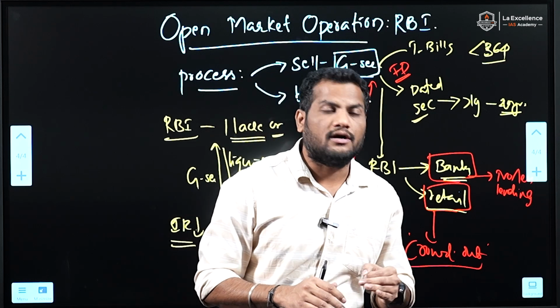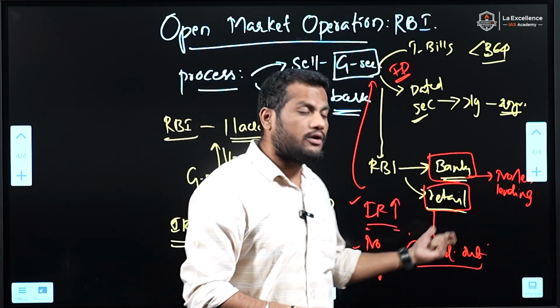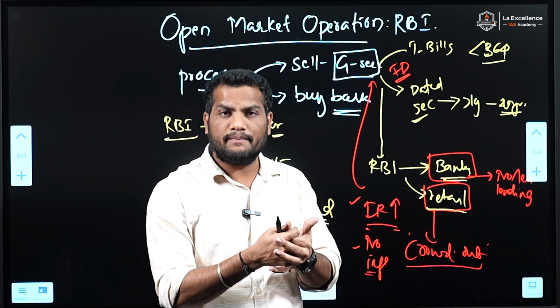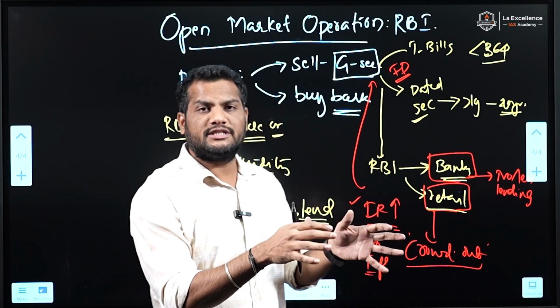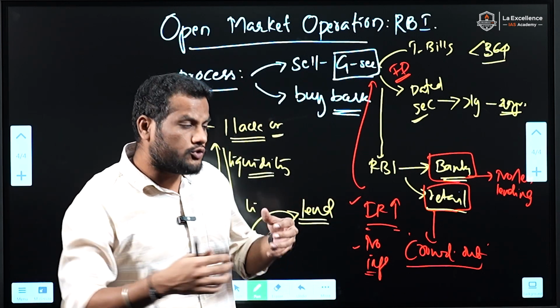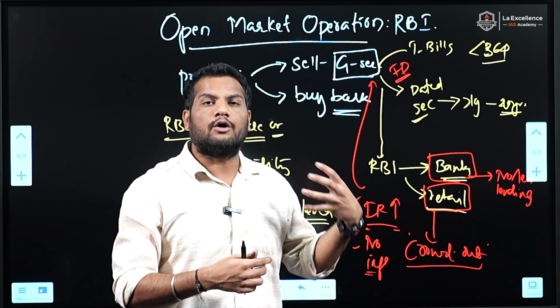So investors will not face any crowding out effect in this case, and there will be enough money for banks to lend to consumers, especially private entities who want to invest in infrastructure and development activities, and also households who want loans such as car loans and house loans.